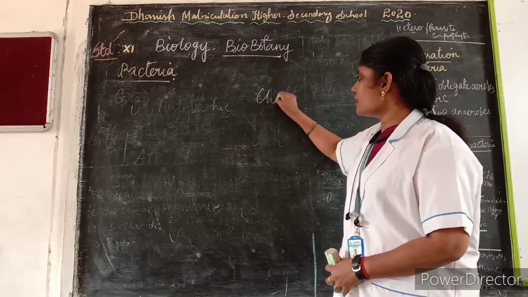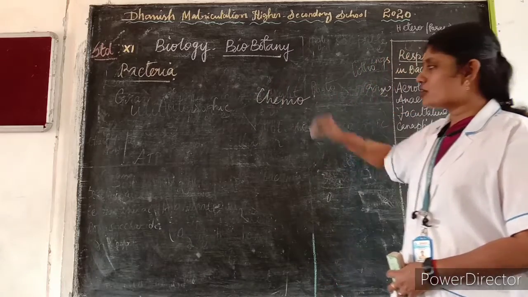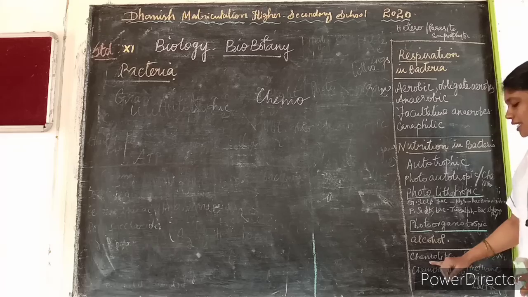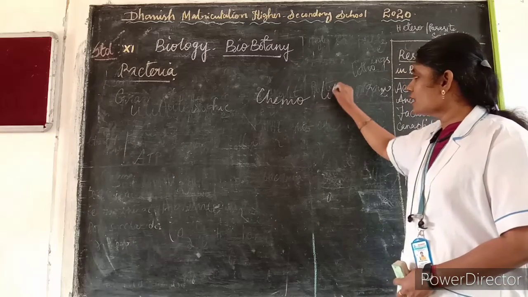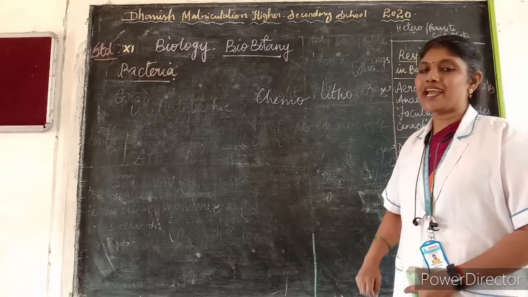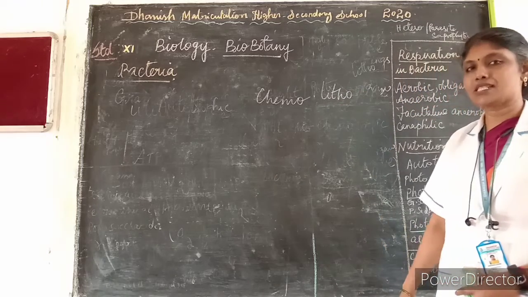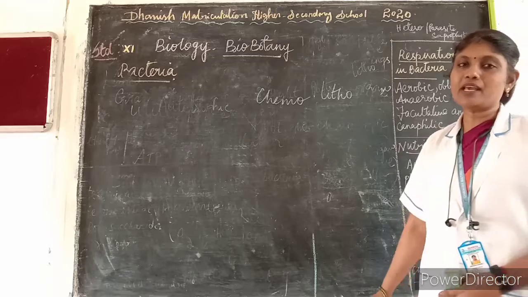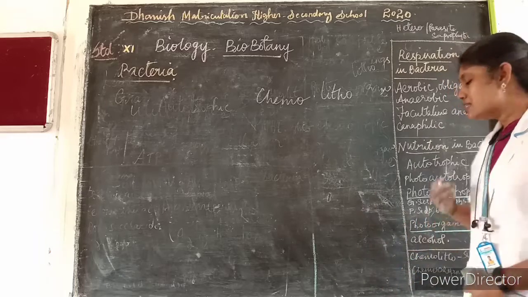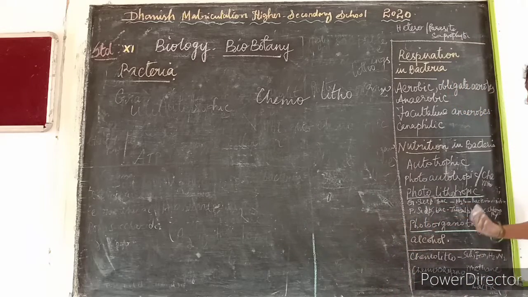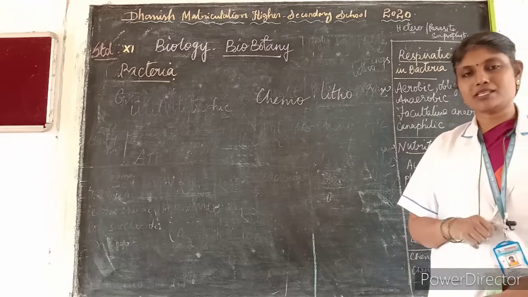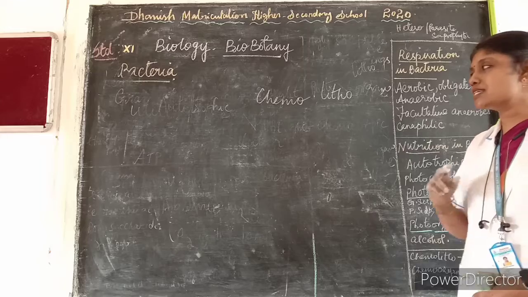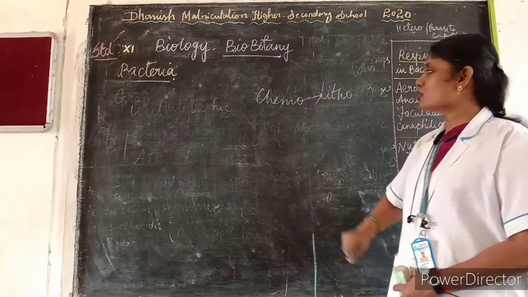Next we will go on to chemoautotrophic bacteria. Under chemoautotrophic bacteria you have lithotrophic bacteria. What is lithotrophic? Litho means inorganic material is used as substrate. These bacteria can use iron, sulfur and hydrogen as the substrate and are able to synthesize their own food; that is chemolithotrophic.